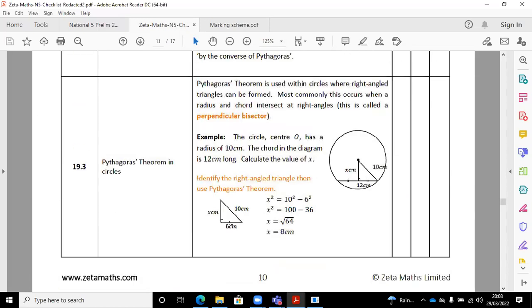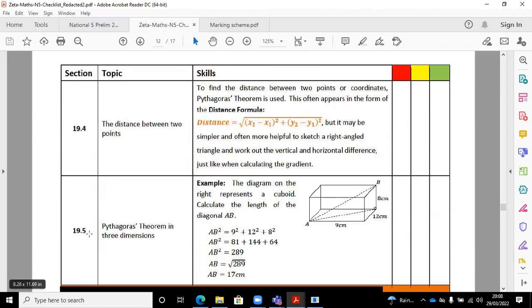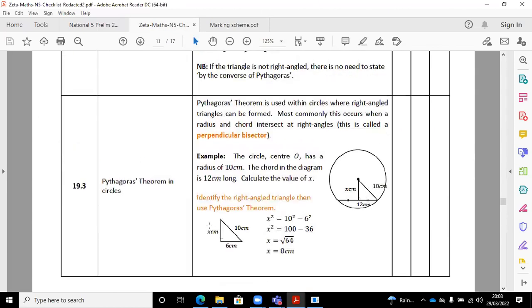So if they don't ask 19.3, they'll ask 19.5. 19.3 is a really common question.